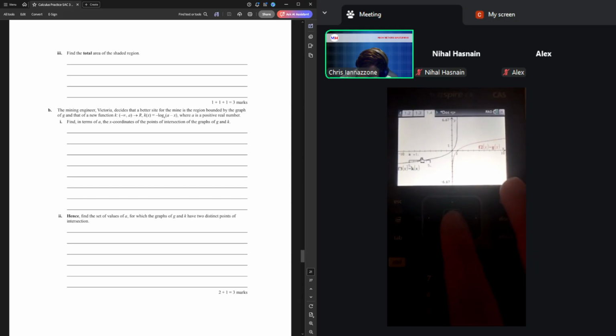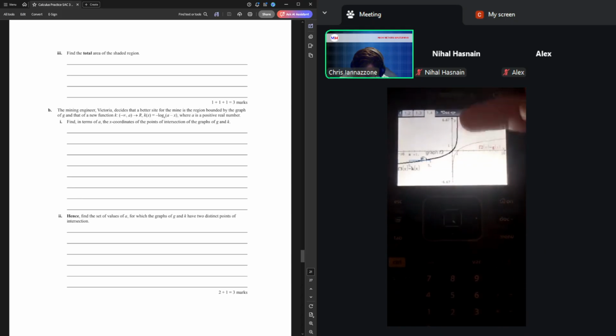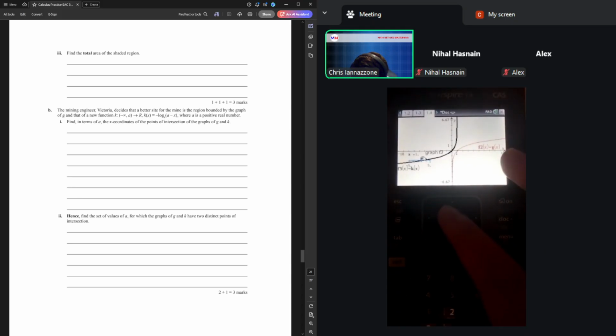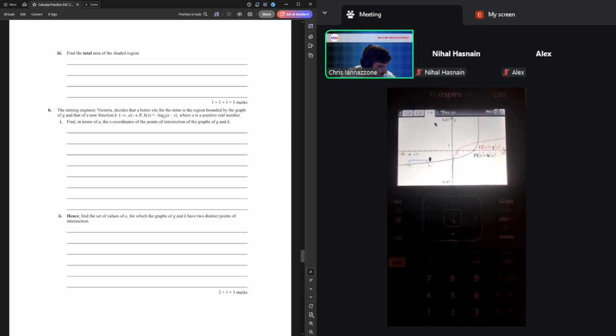Changing a value impacts domain a little bit in the sense that it tells you the asymptote of the k of x graph. So have an exploration if you have your CAS and just see as you're choosing a values, is there ever a point where the intersections are outside of the domain that we have? Have a think about that.